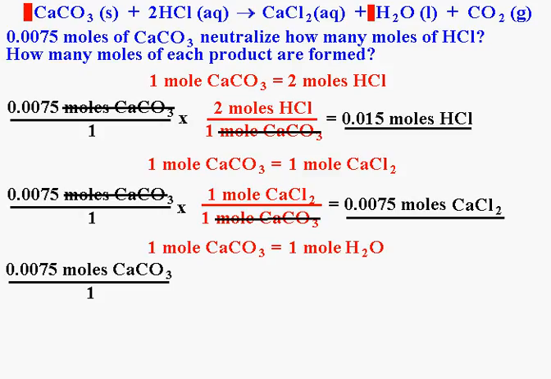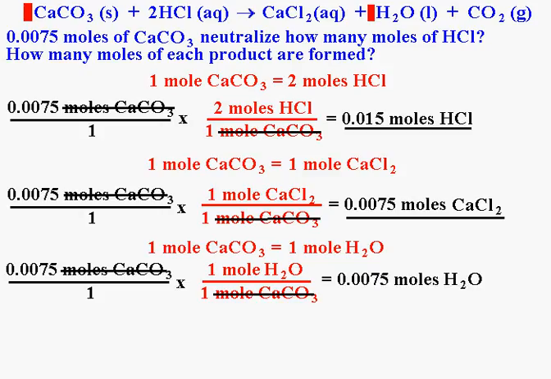Once again, we take the number we know, 0.0075 moles of CaCO3, put it over 1, and multiply by the fraction that has moles of CaCO3 on the bottom and moles of H2O on the top. That allows moles of CaCO3 to cancel, and that gives me 0.0075 moles of H2O.